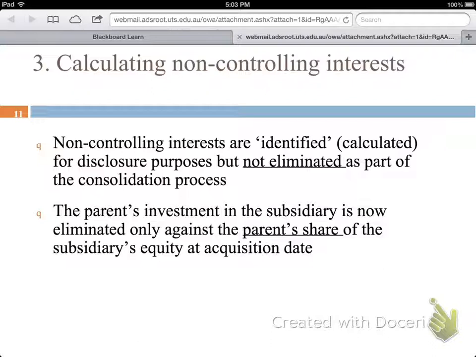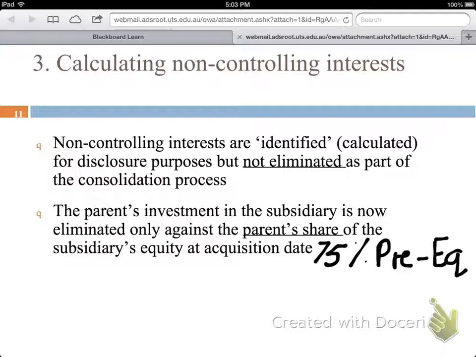So when we do our elimination entry, if we continue with this example in our first diagram, we'll only eliminate 75% of pre-acquisition equity. Okay, so that's the first consolidation adjustment that will need to be adjusted for the percentage share ownership of the parent.